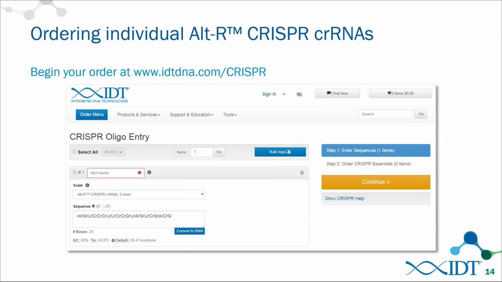The website here for our Alt-R CRISPR crRNAs should look and feel very similar, and does, I think, to our typical ordering interface that you would see in general for IDT oligos.